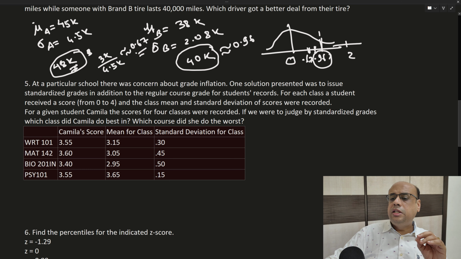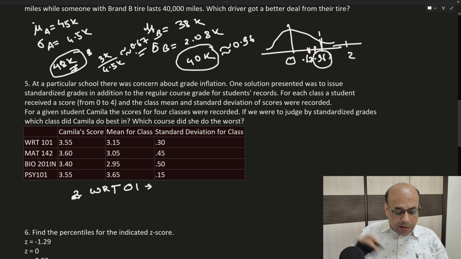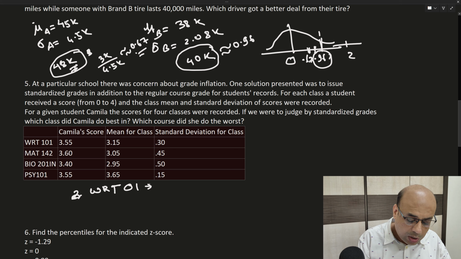If you are to judge by the standardized grades, which class did Camilla do best in? Obviously we will have to find the Z value for all four. So the Z value for, let's say, WRT01. Again the same logic as the first one. Let me do the calculation here.